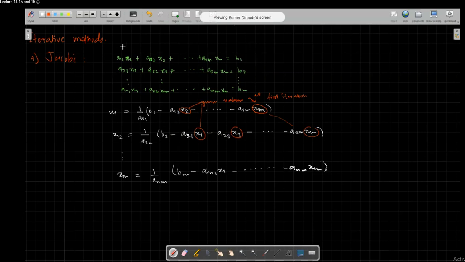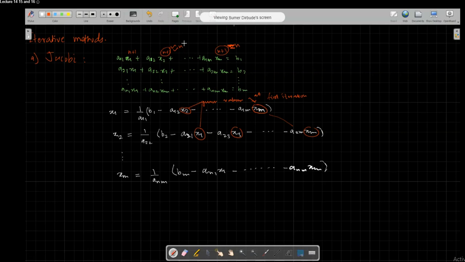Whatever the simultaneous equation was there, what we did is that all these are n minus 1 terms. But what he said is that these n minus 1 terms, we assume to be known, and this is the only unknown.